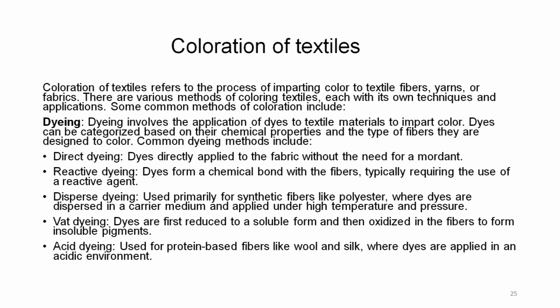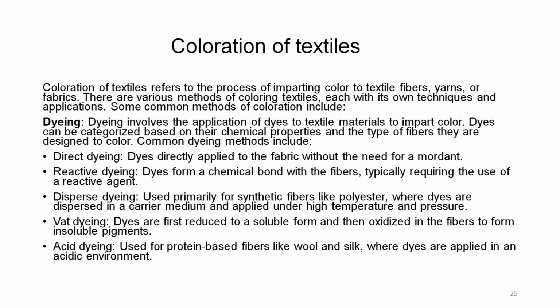Reactive dyeing, dyes form a chemical bond with the fibers, typically requiring the use of a reactive agent. Disperse dyeing, used primarily for synthetic fibers like polyester, where dyes are dispersed in a carrier medium and applied under high temperature and pressure.